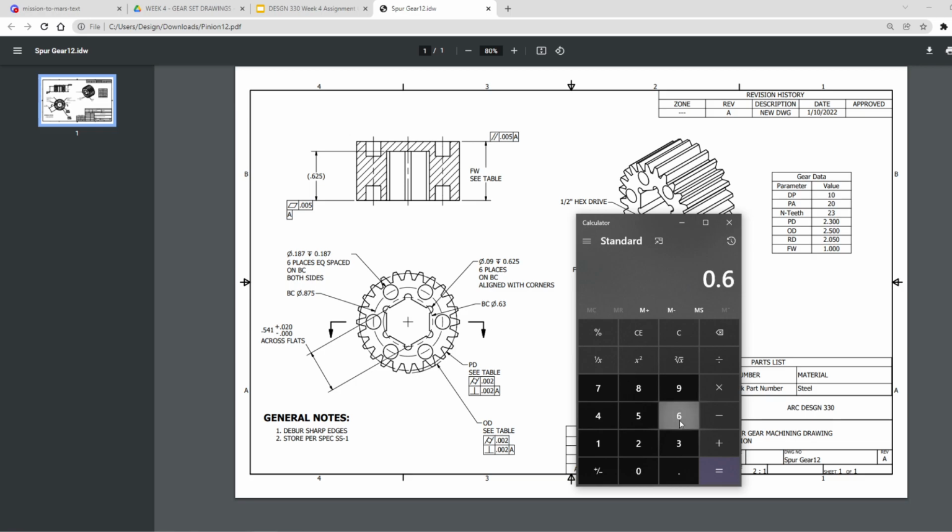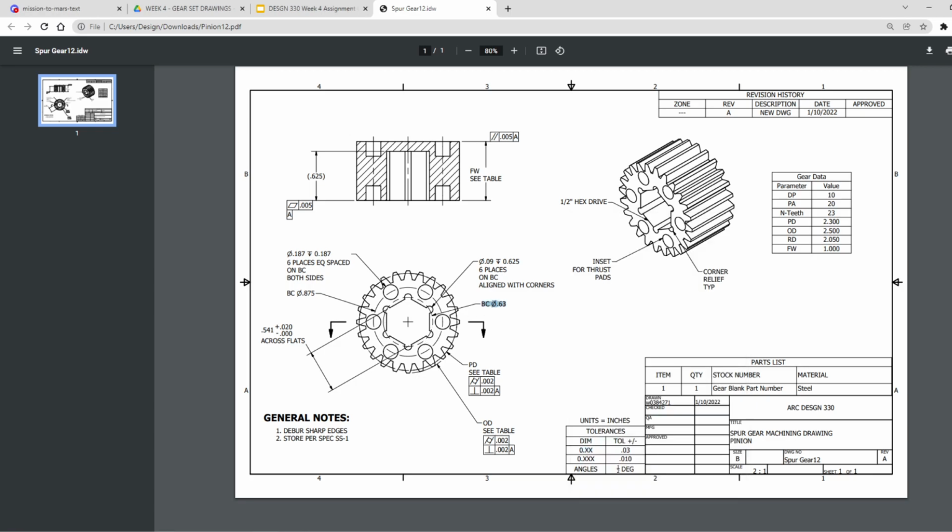Or 0.63 minus 0.03, 0.60. So it's 0.600 to 0.66 would be my tolerance. And if somebody were to measure this after it was made, they could compare that plus the tolerances to find out whether the part is good or not.